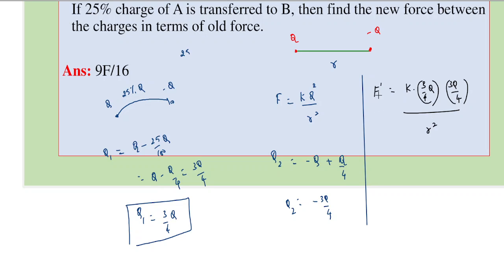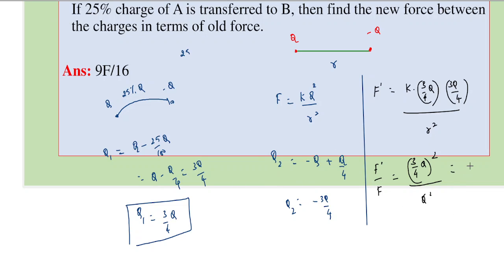If we divide F dash by F, so F dash by F is equal to, the constant gets cancelled. So what remains would be 3/4 Q, the whole square here, by Q square in the first equation, because K and R square gets cancelled.